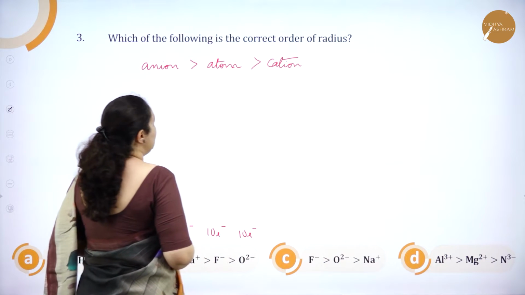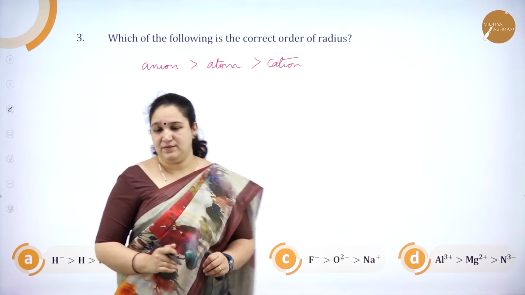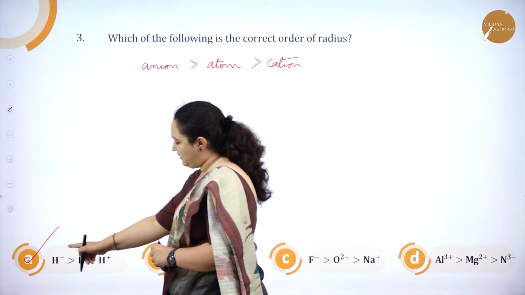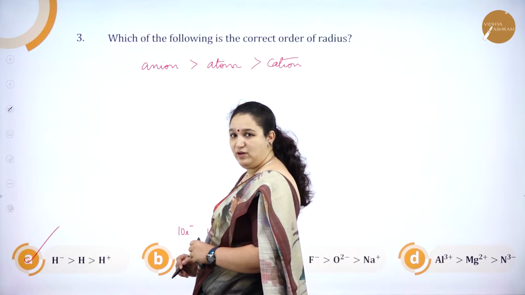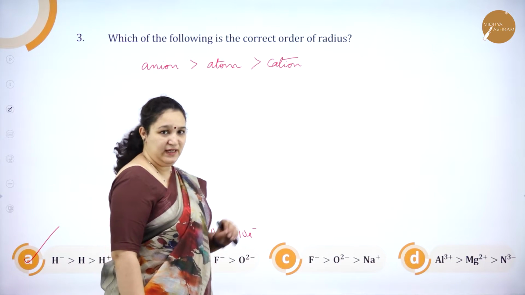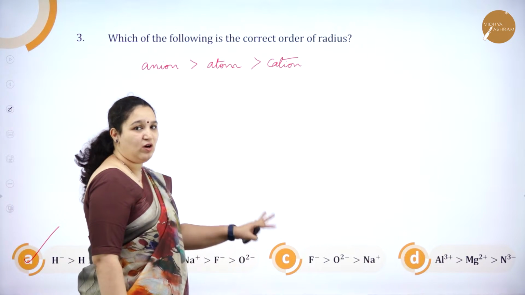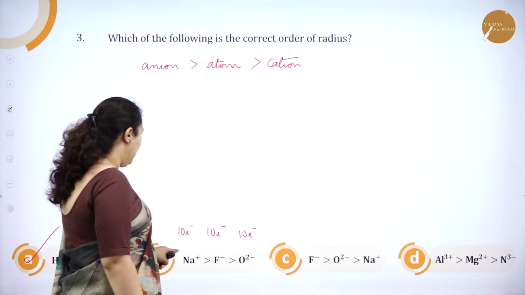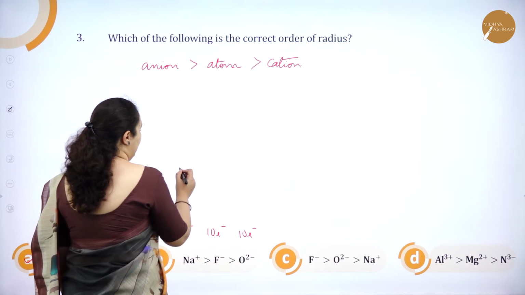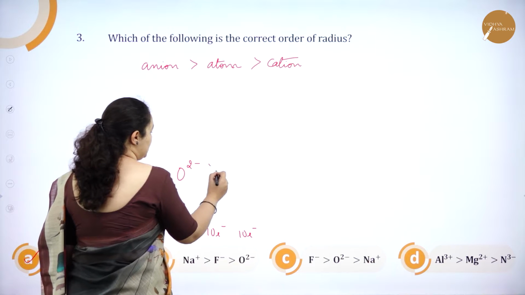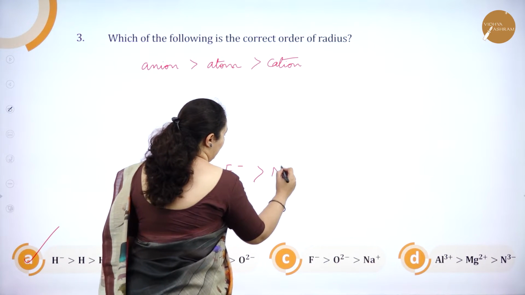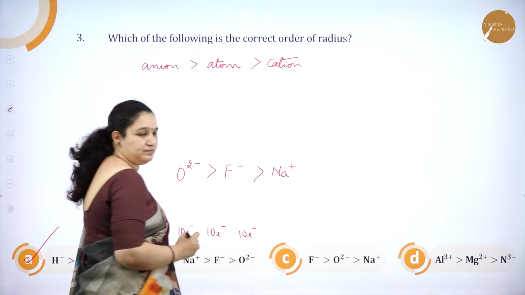So the correct answer is option A, in which we have the parent atom, anionic form and the cationic form. Options B, C and D are wrong, but I shall write the correct orders of their radius for you. Because it is isoelectronic, for both B and C it should have been O2-, then F-, and then Na+.